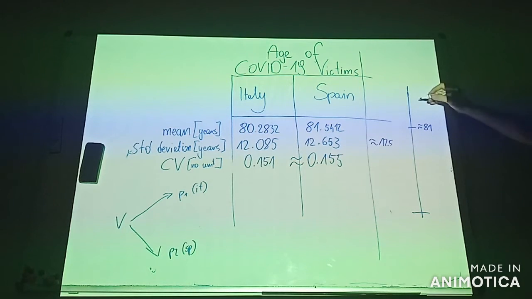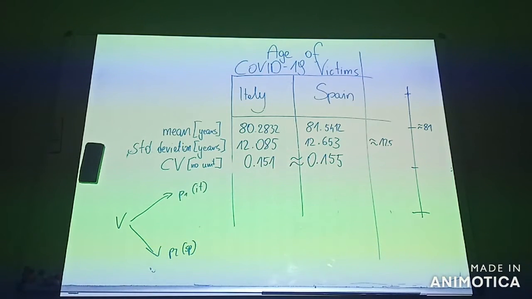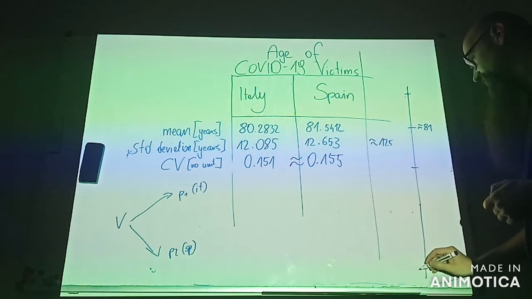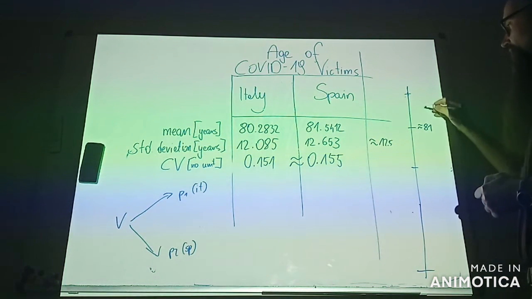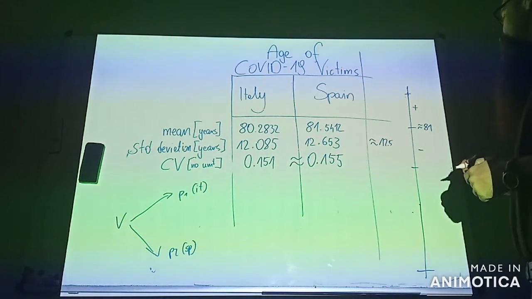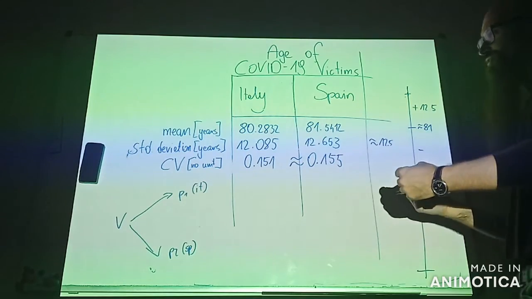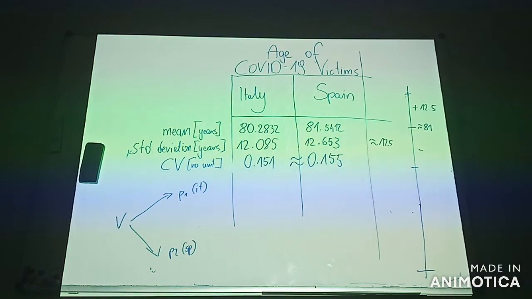So here we have indicated the group of people which are most at risk of death due to COVID-19. So this is the average value plus and minus standard deviation, for example 12.5, because I'm trying to combine two results together, to have one conclusion.